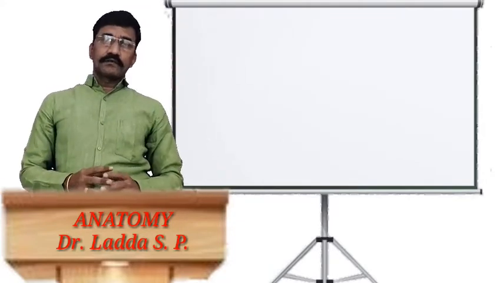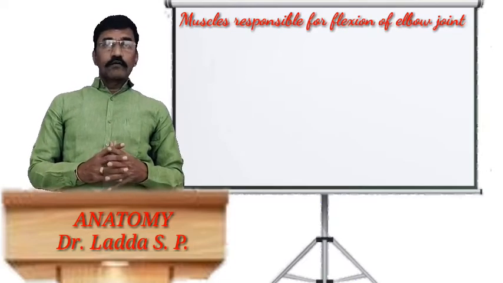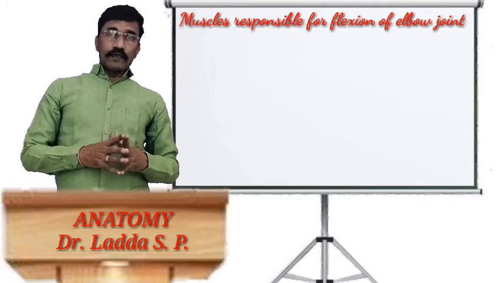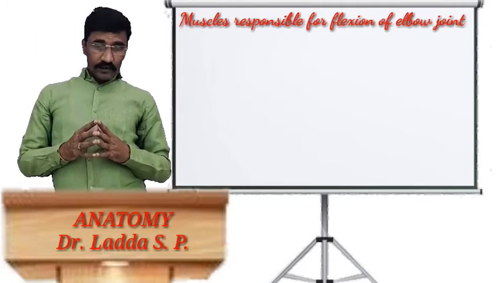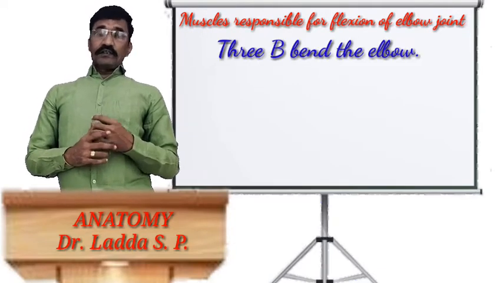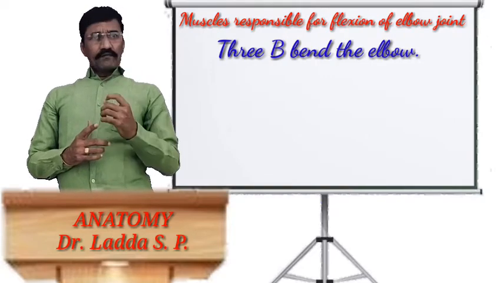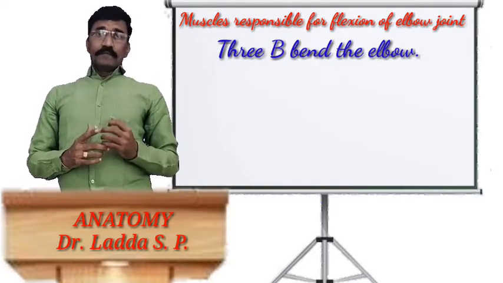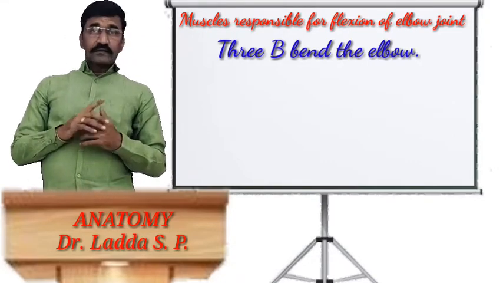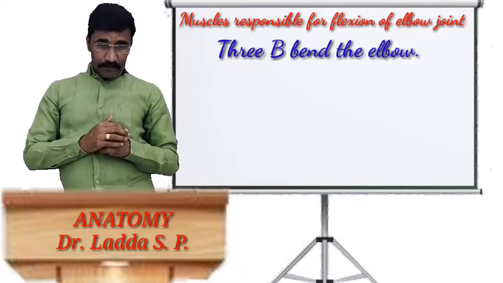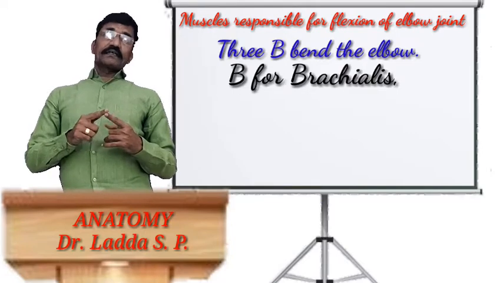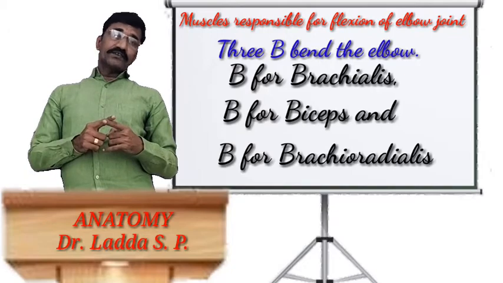Next question is muscles responsible for flexion of elbow. For the flexion of elbow there are 3 B's, meaning muscles having names with B. They are the flexors of elbow, and those are brachialis, biceps brachii, and brachioradialis. 1st B brachialis, 2nd B biceps brachii, and 3rd B is brachioradialis.